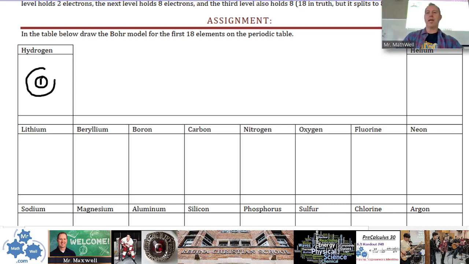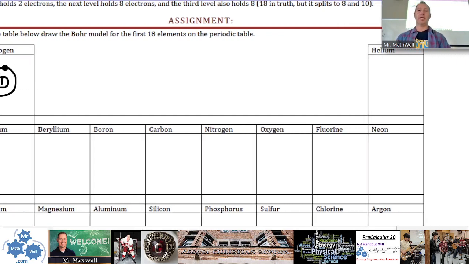So you would draw the ring, and you would draw 1 sort of dot on that ring somewhere. Doesn't matter where. And you only need to draw the first ring, because that's the only ring that has electrons in it. For helium, draw the circle and put 2. You're catching on.